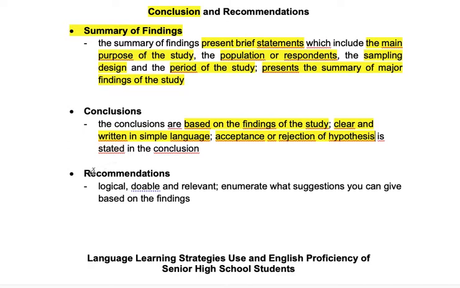So let's move on to the recommendations. These are logical, doable, and relevant statements about what you can recommend based on the results of your study. You may enumerate suggestions that you can give based on the findings of the study. And take note, in writing suggestions, you have to consider the beneficiaries of the study written in the significance of the study.